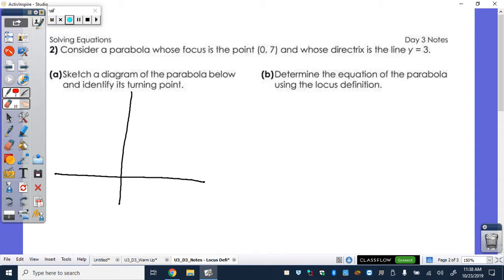They told me my focus was the point (0, 7). So I'm going to estimate that to be up here. And then our directrix is that line y equals 3. So I'm going to draw that in.